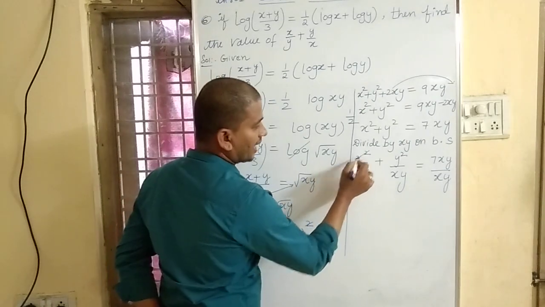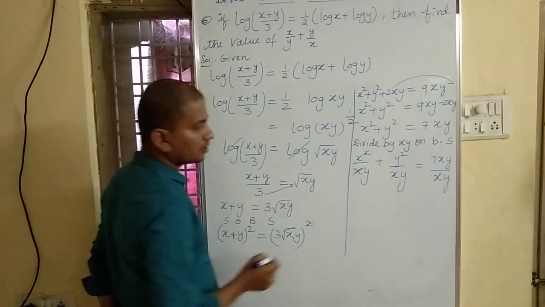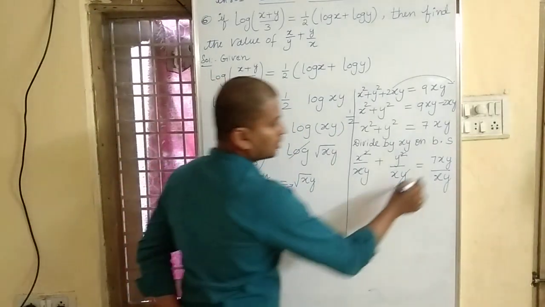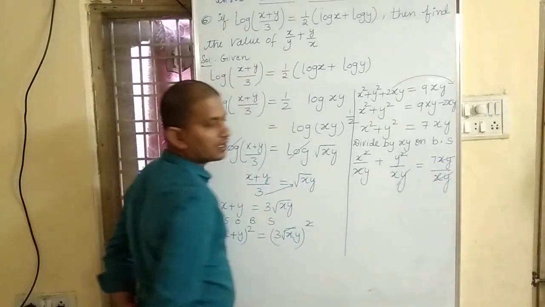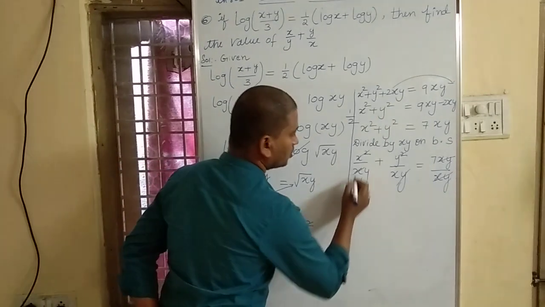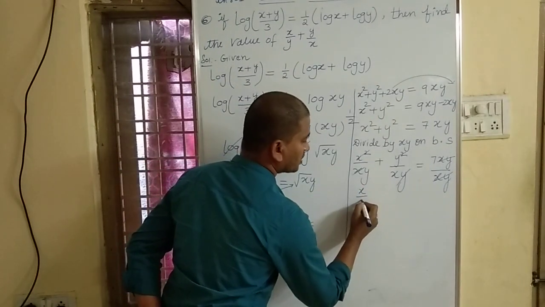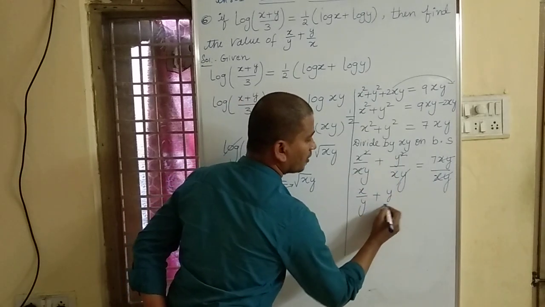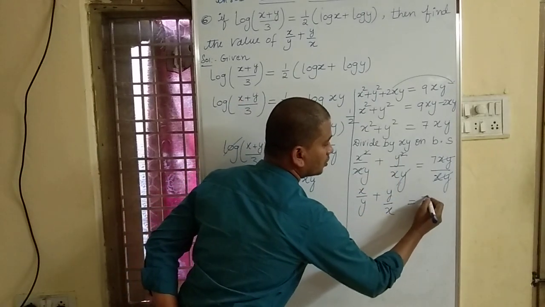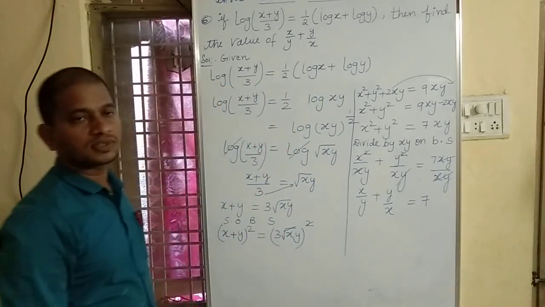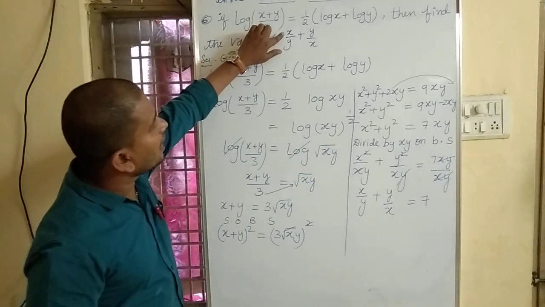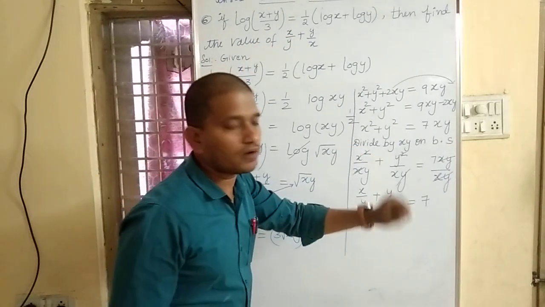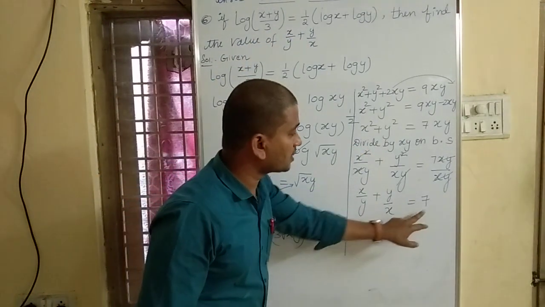Here x gets cancelled, y gets cancelled, and xy gets cancelled. So we have x by y plus y by x equal to 7. They are asking for the value of x by y plus y by x, so the value is 7.